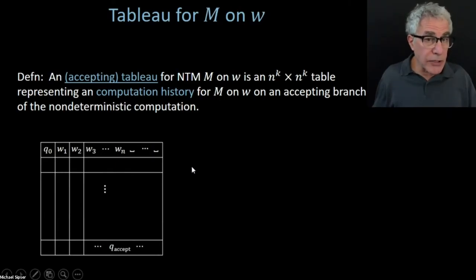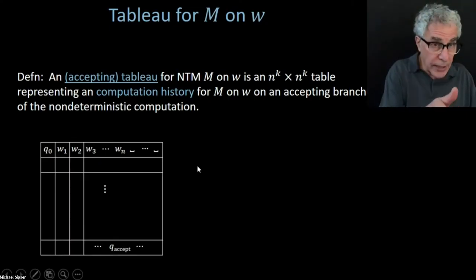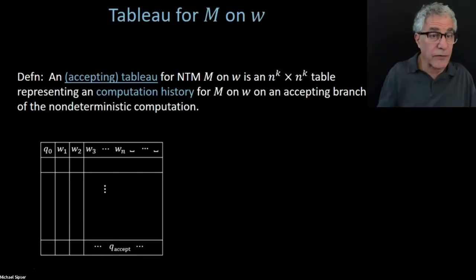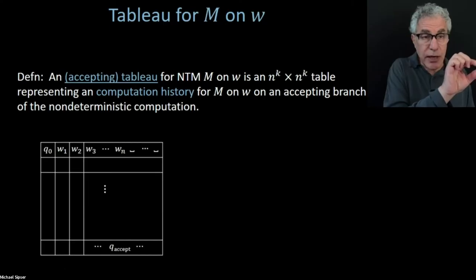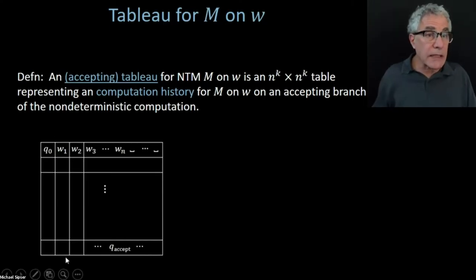Okay, so here is a tableau. A tableau is just, again, an accepting computation history on some accepting branch of the machine's computation. Instead of writing the computation history out linearly, we're going to represent it in a table form where each configuration is going to be on a separate row.